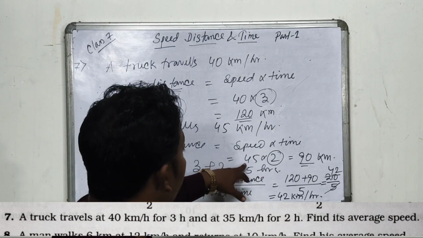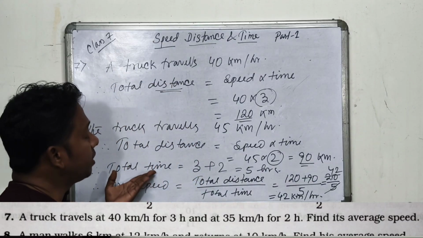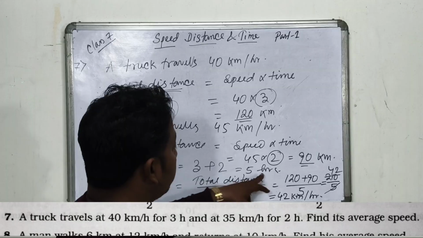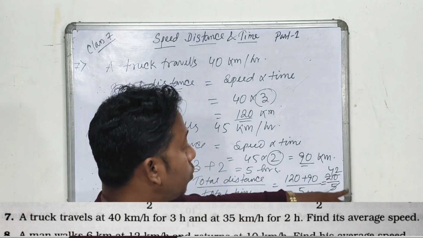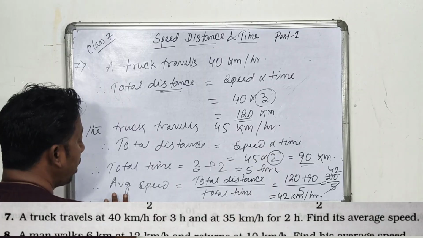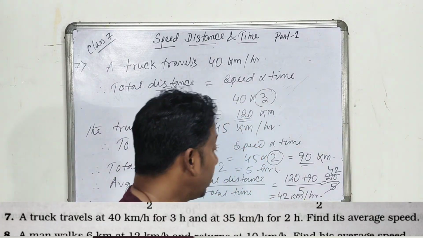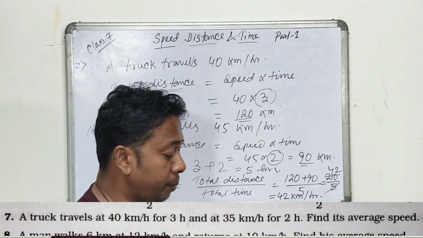That means how much time it has taken? It has taken 3 hours and 2 hours, that is 5 hours, and total distance is 210 kilometers. Therefore average speed is total distance by total time, that is 210 by 5, 42 kilometers per hour.